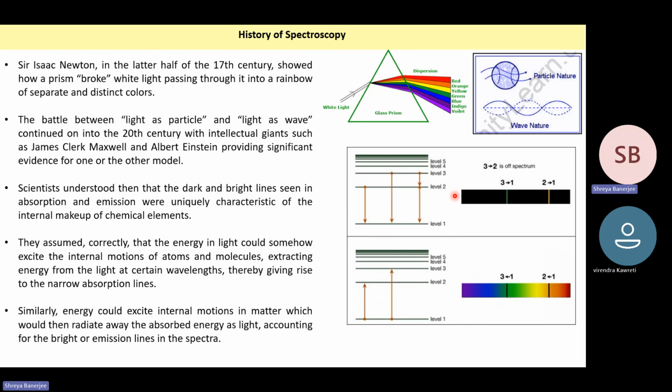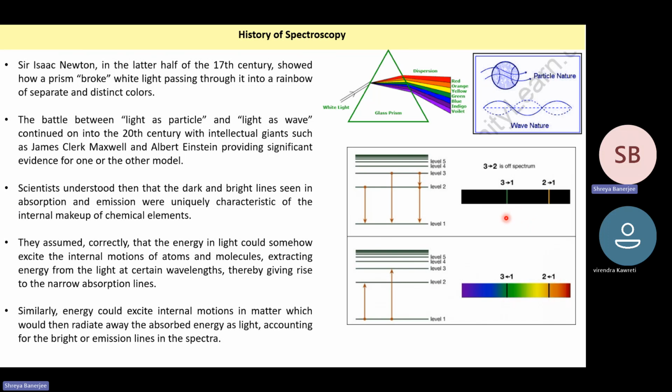The point is that in emission spectra, the entire spectra will be dark, and only those wavelengths at which emission is happening will appear as a bright band. And this spectra, which is shown below, is the absorption spectra, where you will see a very bright spectra, and only at the wavelengths where absorption is happening, a dark band will appear.